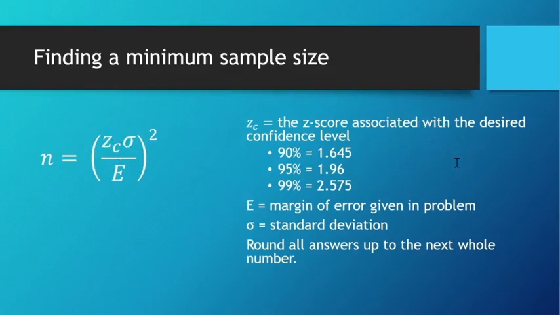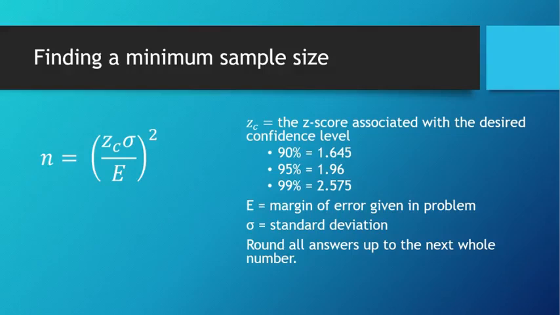So remember we did Z-scores in unit 5, associated with the desired confidence level. So these three numbers, okay, go with those commonly used confidence levels. And I'll give you these, so you don't have to memorize these, but those are, we're going to pick one of those three numbers to plug in for ZC, depending on what the question asks, okay? This sigma is standard deviation, and then E is margin of error, okay?